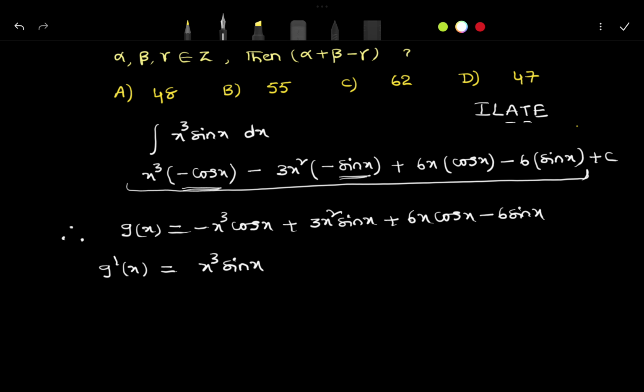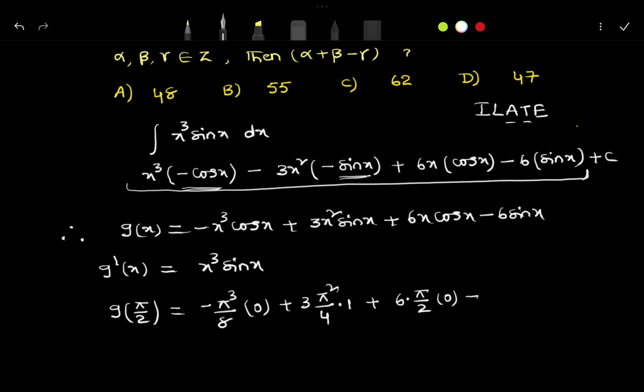That means, what is g of pi by 2? G of pi by 2 value will be equal to minus pi to the power of 3 by 8 into cos pi by 2, whose value is 0, plus 3 into pi square by 4 into sin pi by 2, whose value is 1, plus 6 into pi by 2 into cos pi by 2, whose value is 0, minus 6.